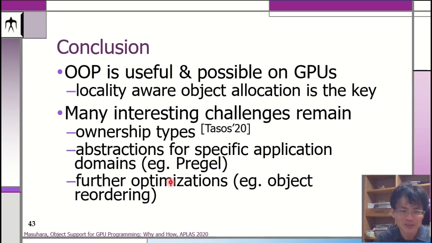Abstractions for specific types of application domains, like graph processing, would probably be useful. So the integration of such abstractions is also a challenge, and further optimizations specific to the applications, like object reordering, will also be interesting.